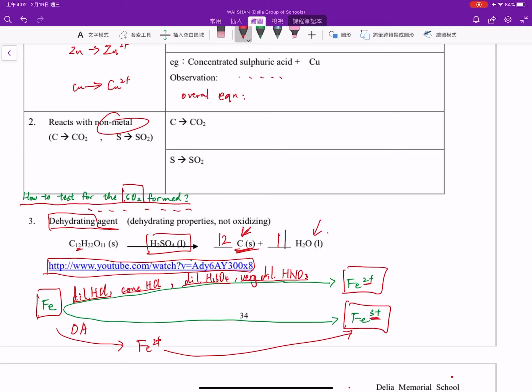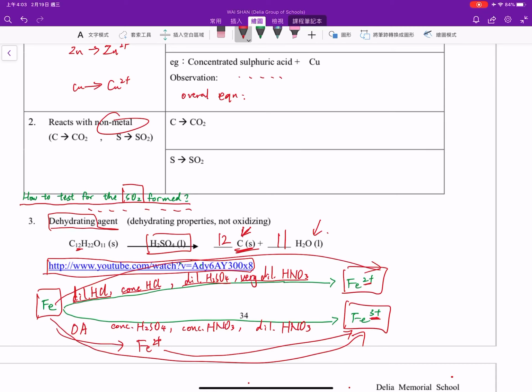And those acids with oxidizing properties are concentrated sulfuric acid, concentrated nitric acid, and dilute nitric acid. Only these three acids have an oxidizing property, so they will oxidize iron to iron 3+ directly. Okay, for other acids, it will only be oxidized to iron 2+.